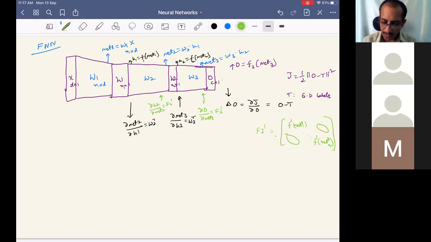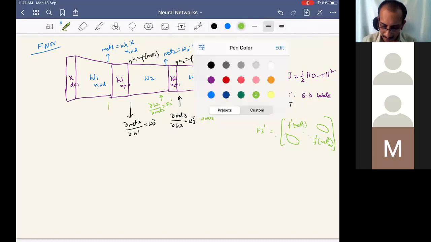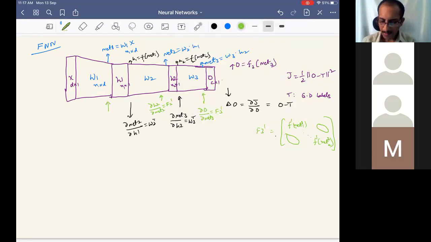And then what is this? Everywhere we can show a bottom arrow or an upper arrow. I am just putting either up or down, but don't distinguish much. Dou H1 by dou net 1.